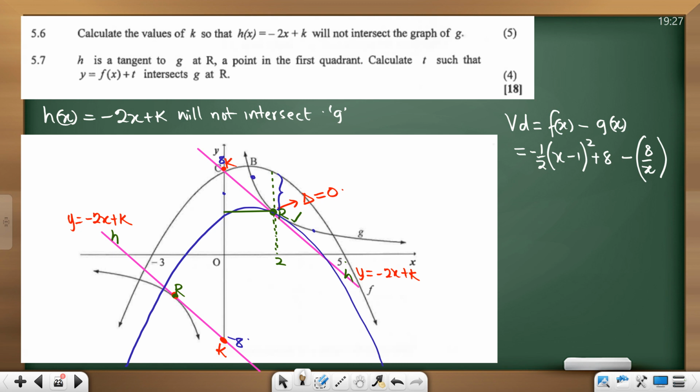What is the value of x? 2. Please substitute there and we are done. That's our t. t is the vertical distance. Our x is what? 2. Negative 1 over 2 times (2 minus 1) squared plus 8 minus 8 over 2. Can you answer? That is the distance it must move, and it's moving down.